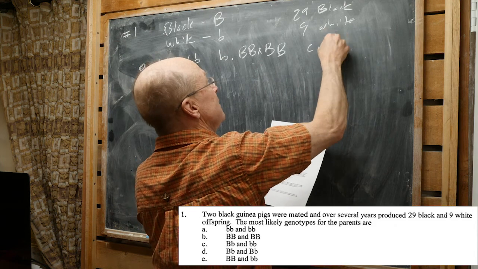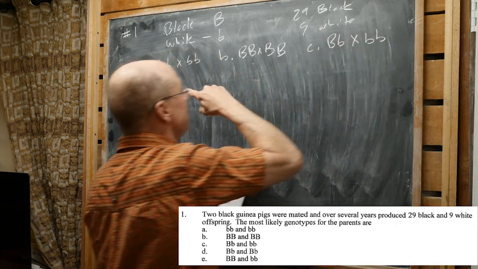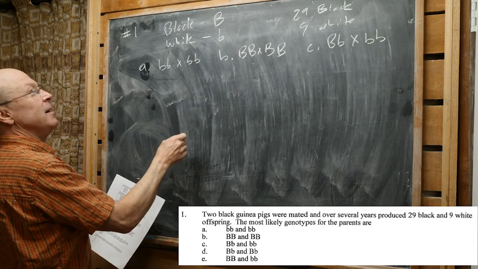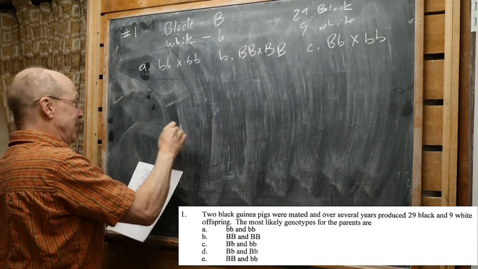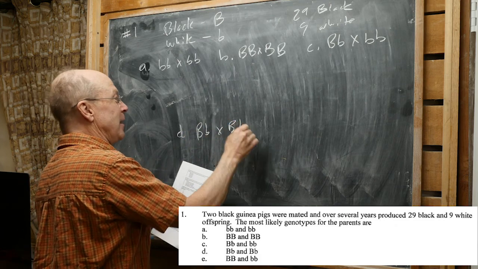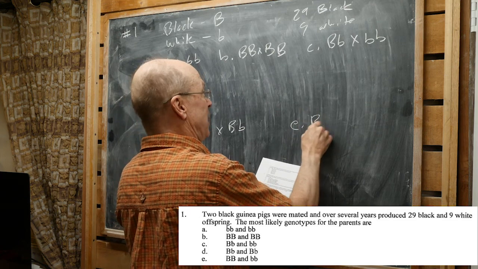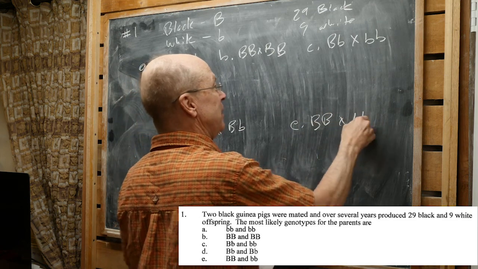Answer C is big B, little b. We'll just work all of these just to make sure. Answer D down here is big B, big B crossed with big B, little b. And then answer E is big B, little b crossed with little b.